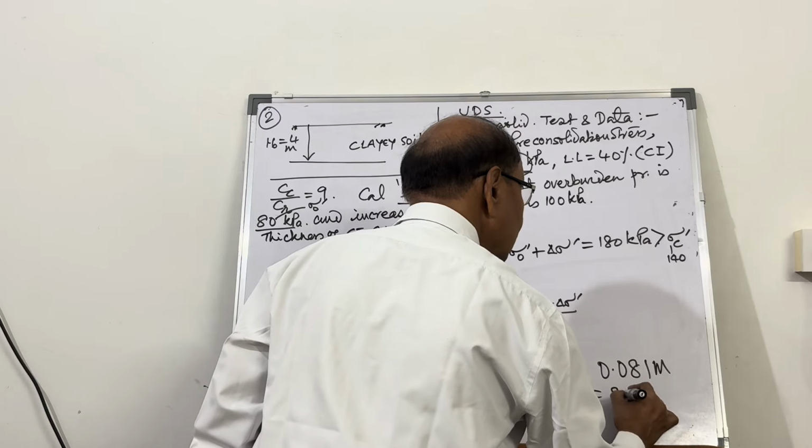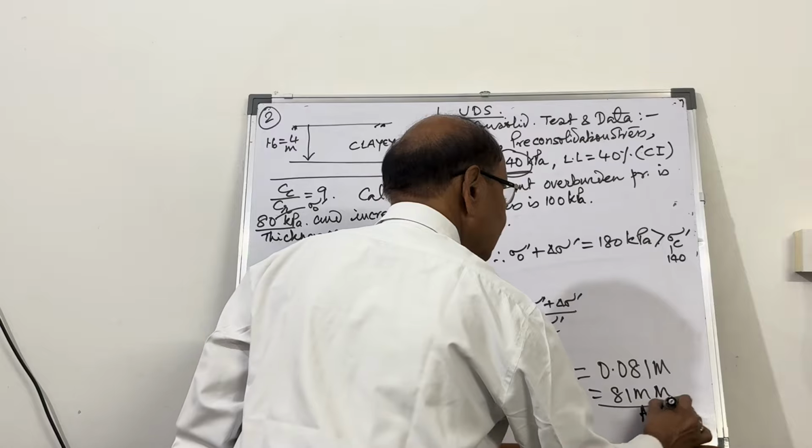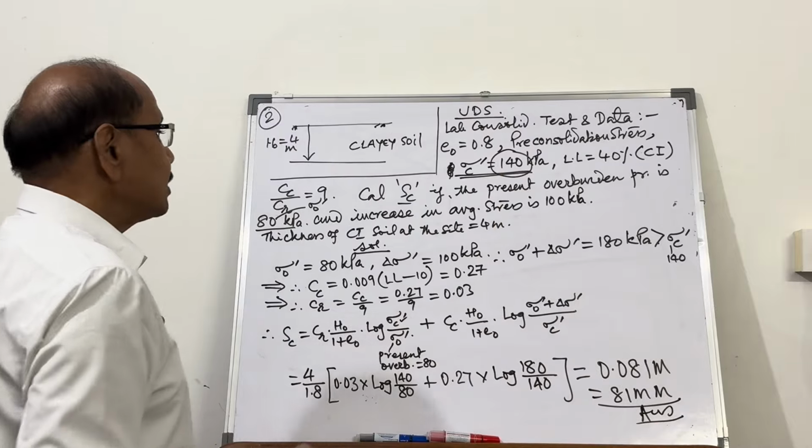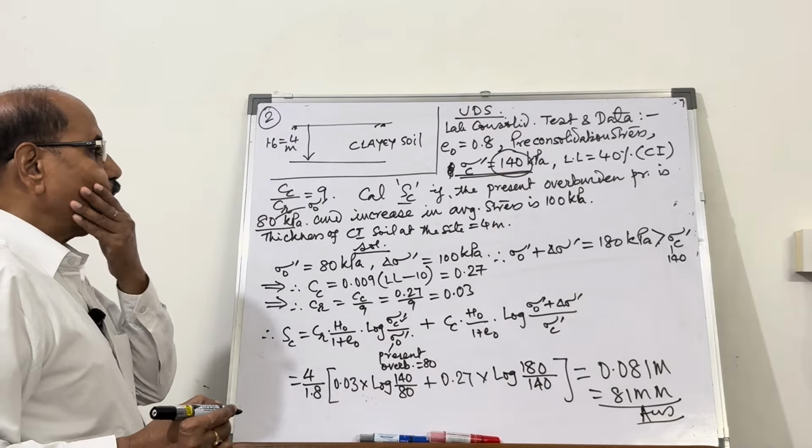That is 81 millimeter. So friends, you can see how this problem can be solved. What is the range of the over-consolidated soil or pre-consolidated soil?